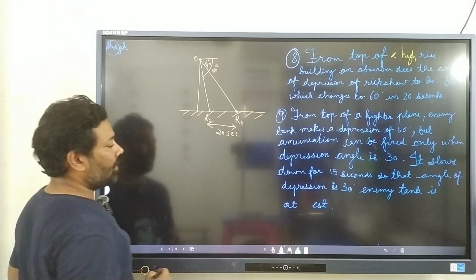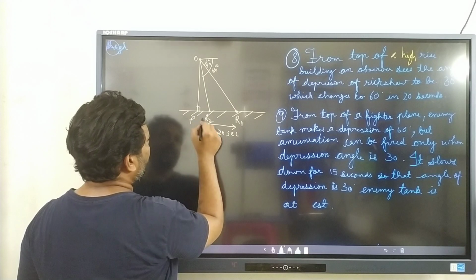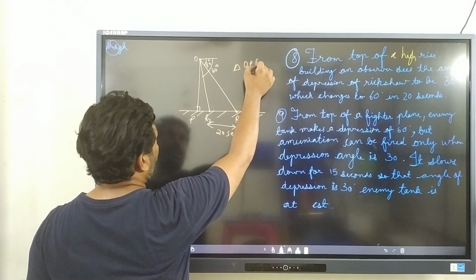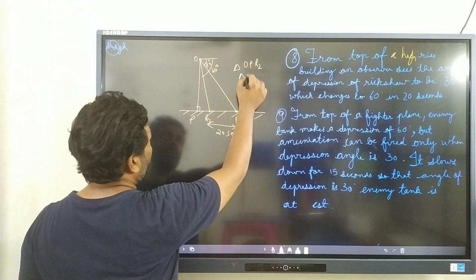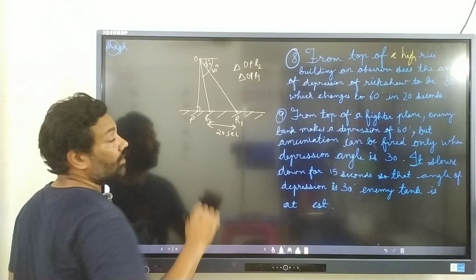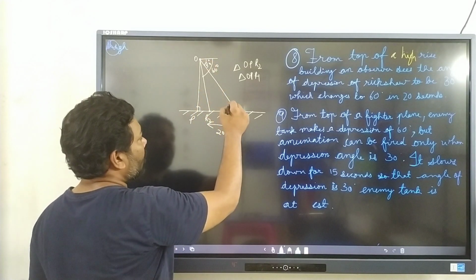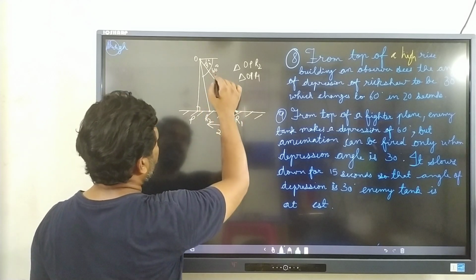You must be clearly able to see the right angle triangles, right? Let's say P, R1, R2. So triangle OP, R2 is one right angle triangle. Triangle OP, R1 is another right angle triangle. Angle of depression, you should convert it into angle of elevation. It will make it a little easier.